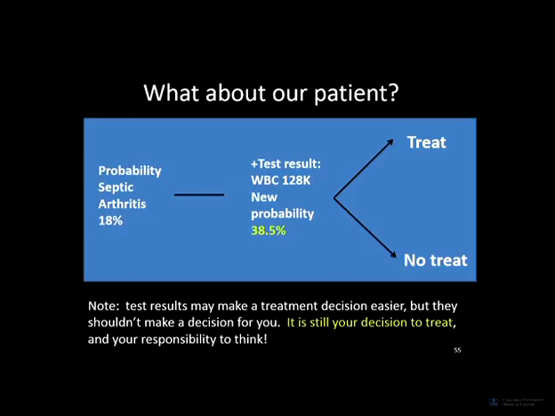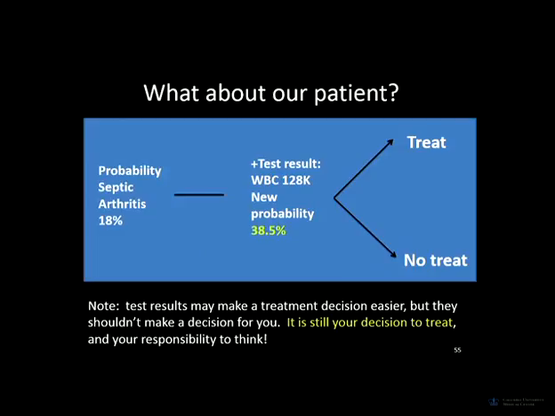Our prior knowledge told us that this patient had an 18% probability of septic arthritis. Our test result was a positive test, and it told us that her new probability with a positive test is 38.5%. So we revised up our probability from 18% to 38.5%.